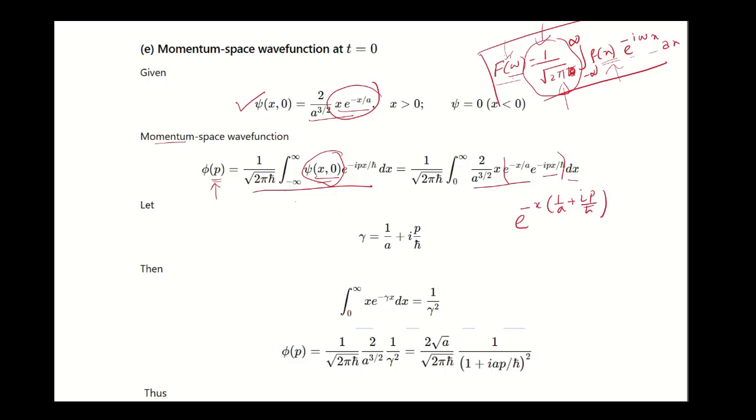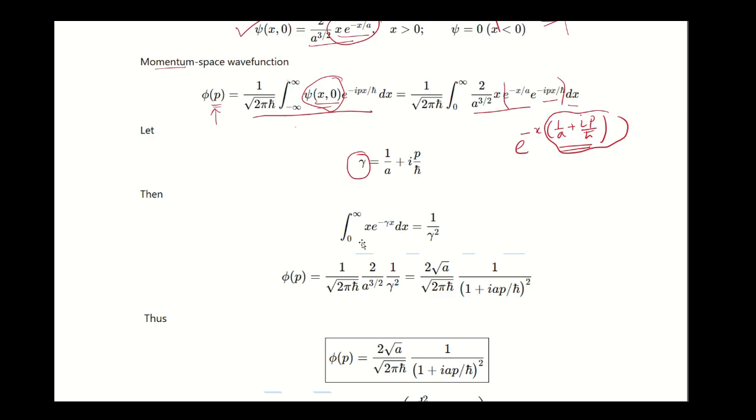Now substitute this term, 1 by a plus iota p by h cross, by another variable; we consider this as gamma. The constant term we can take out of the integration, and there is another thing: the integration from minus infinity to plus infinity becomes 0 to infinity.